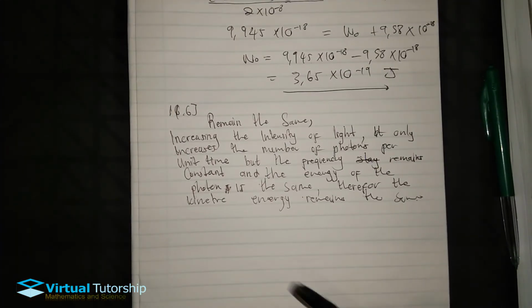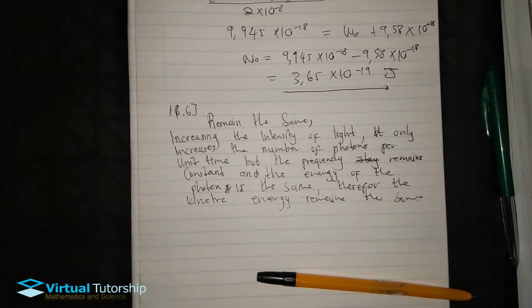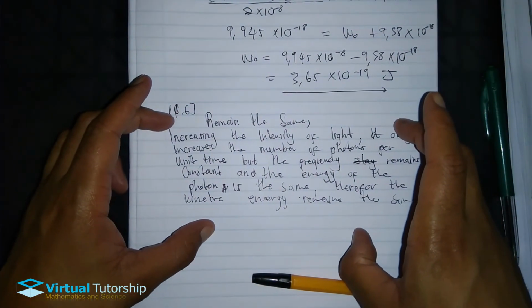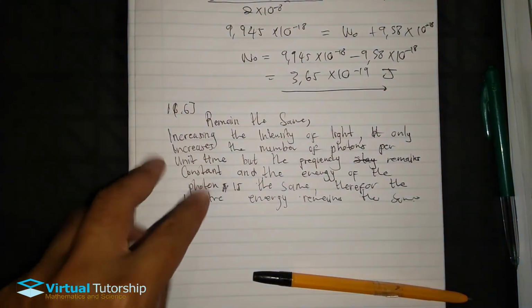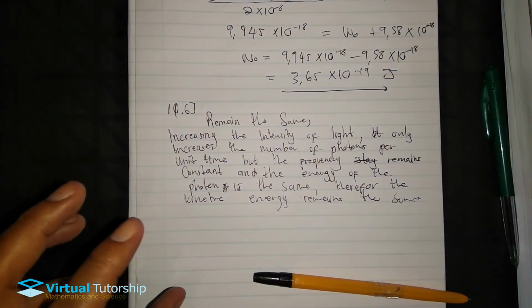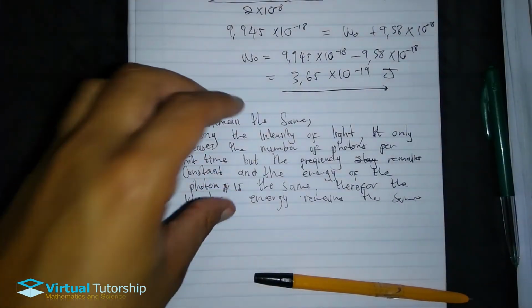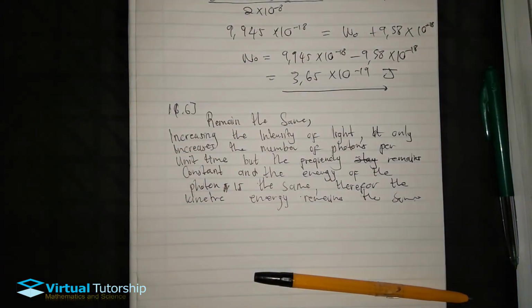Maybe you can put up another argument, but it should produce the same meaning. The key idea is that increasing the intensity of light does not increase kinetic energy. Why is that?